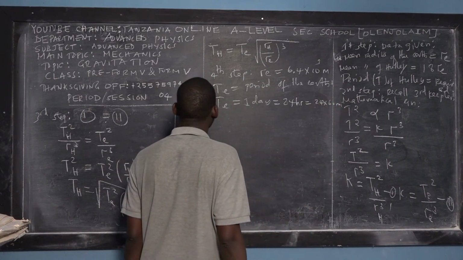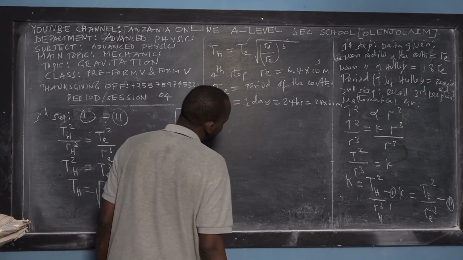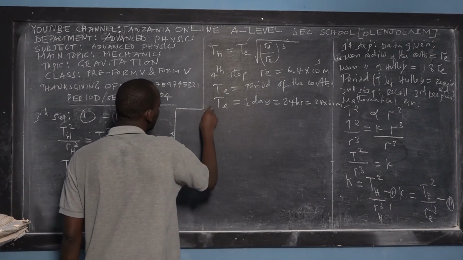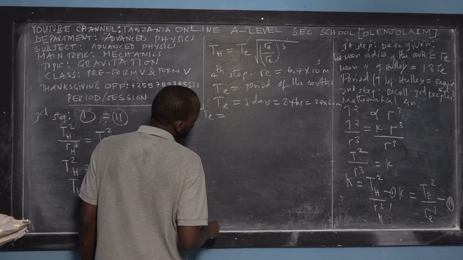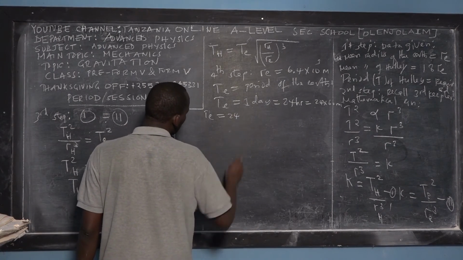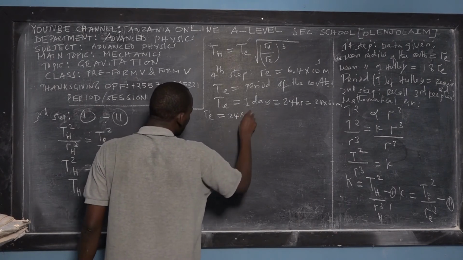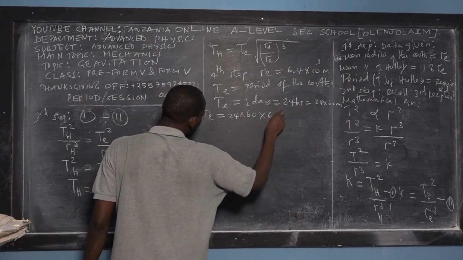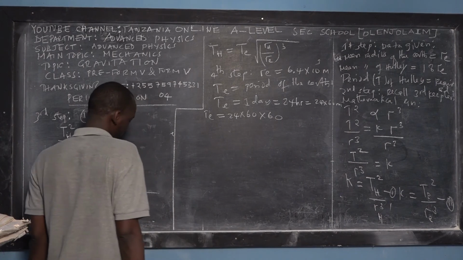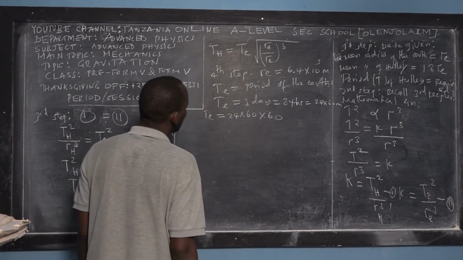Right? And then we have 24 multiplied by 60 divided by 60. Okay?